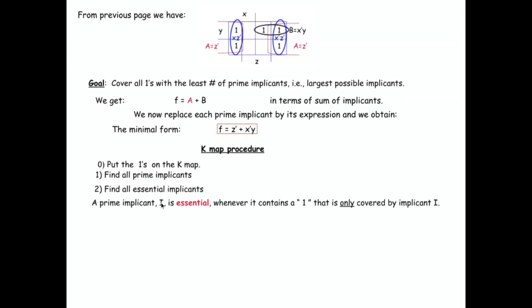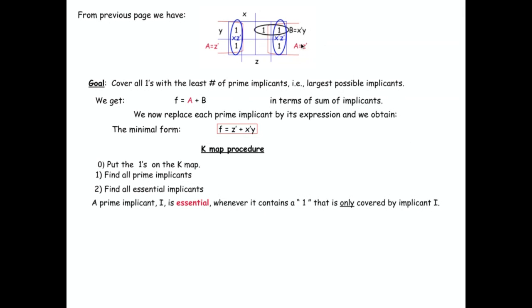A prime implicant I is essential whenever it contains a one that is only covered by implicant I. So in this case, both A and B are essential. Can somebody tell me why both of these prime implicants are essential?